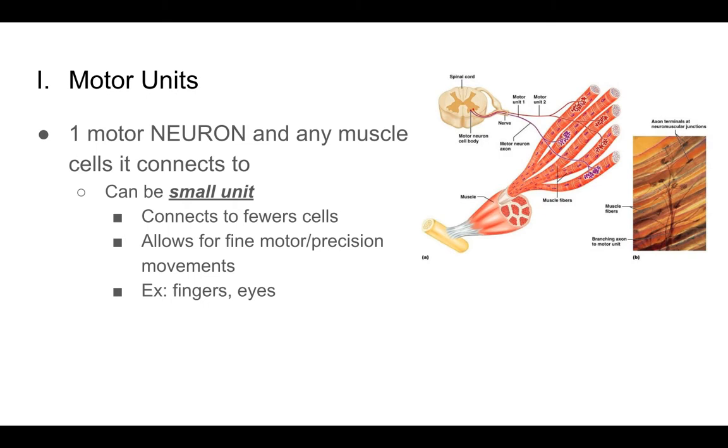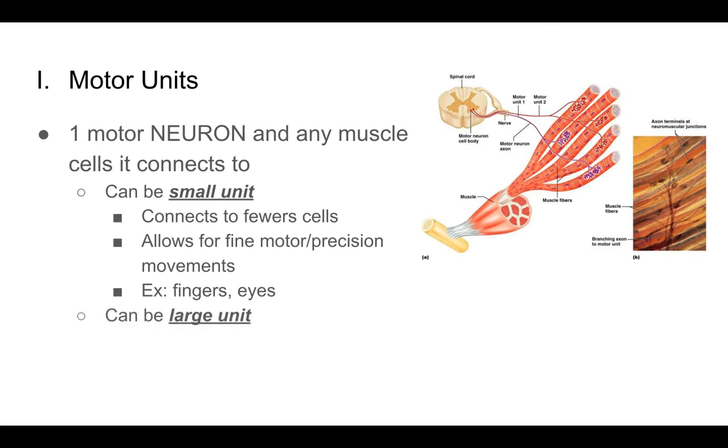The muscle units that are surrounding your eyes that actually control the ability for you to move your eyeball, not blinking, but movement of the actual eye. Those are really small motor units that allow for you to have really good precision as you control your eye.